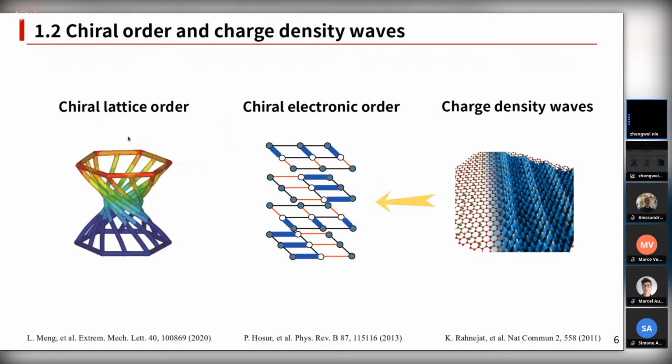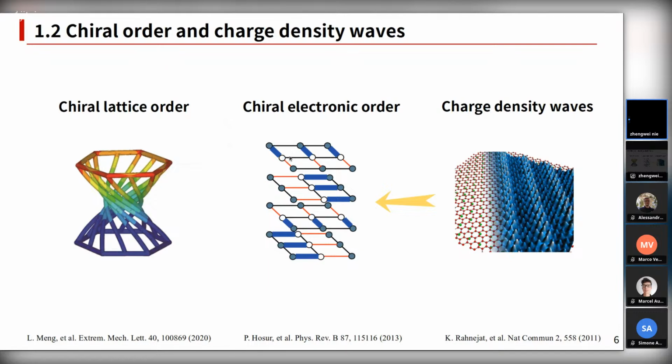Chiral materials have drawn much more attention in previous several years, and most research focuses on the study of its chiral lattice order. However, there are some cases where a pure electronic system can exhibit chiral order. For example, in the schematic, the blue steps are the charge accumulation.